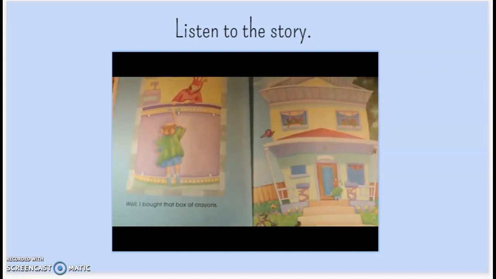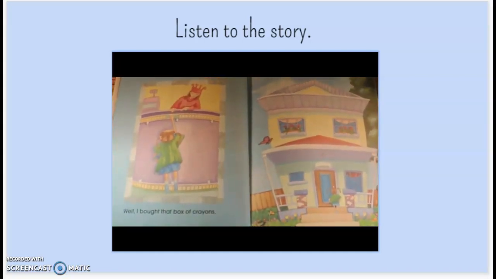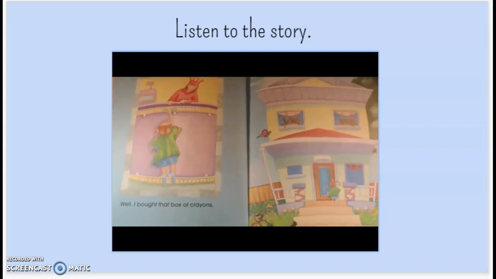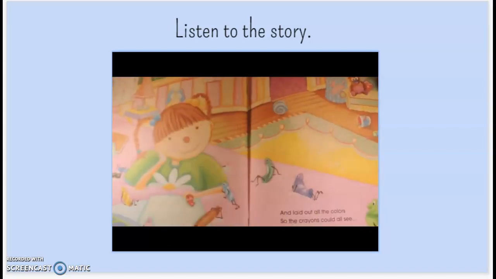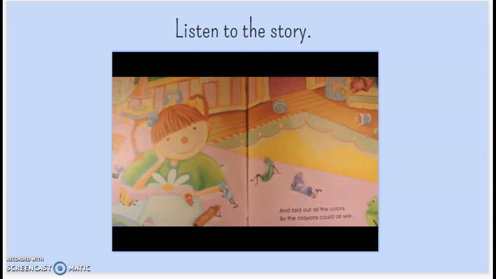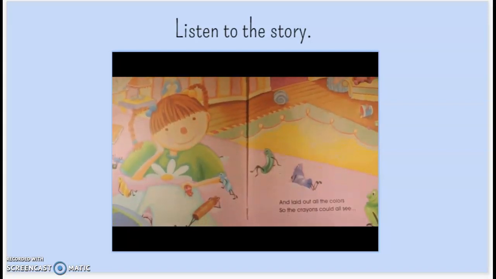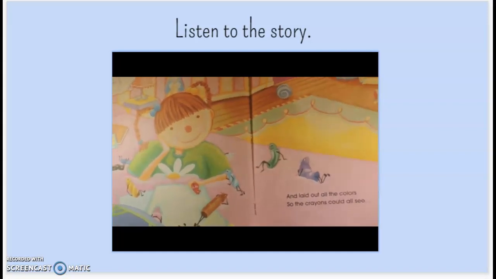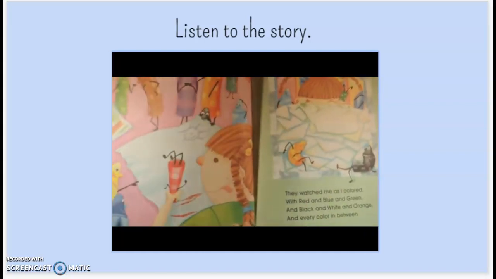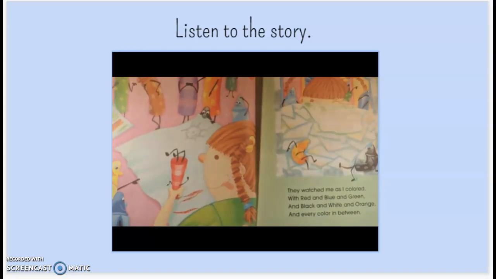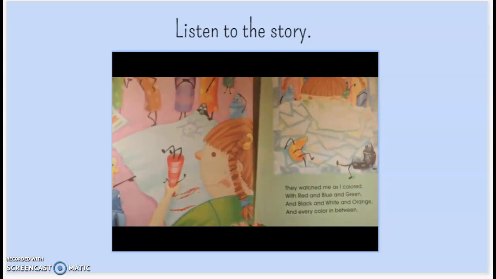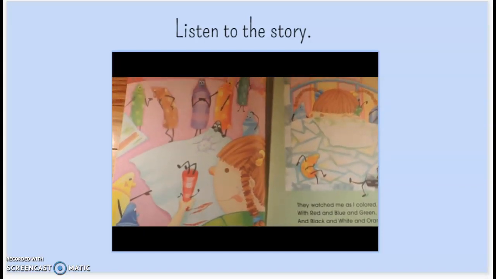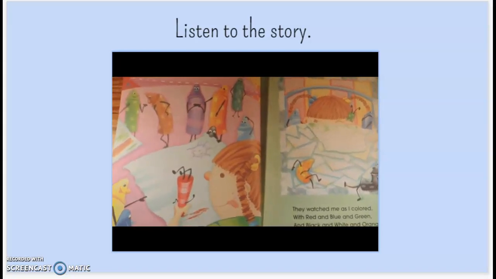Well, I bought that box of crayons and laid out all of the colors so that the crayons could see. They watched me as I colored, with red and blue and green, and black and white and orange, and every color in between.